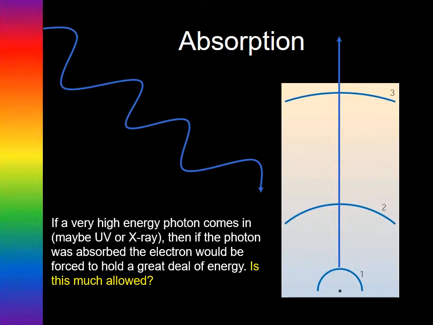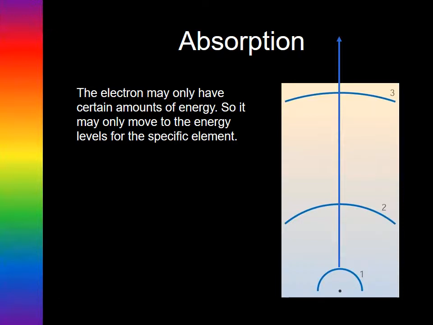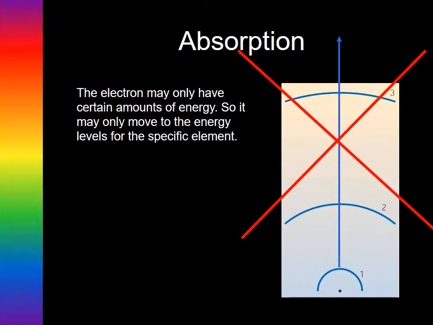If it was given to the electron, the electron would have to jump way up in energy. Notice that long jump, which tells you very high energy. And it would be way off the top of the screen there. Is this one of the allowed energy levels? No. There's no energy level up there for this electron, and if there's no energy level for it there, we can't take it. Therefore, the atom will just reflect the photon that came in.